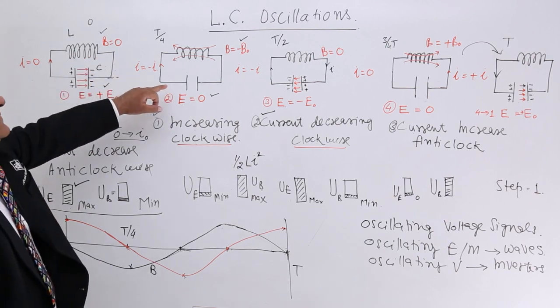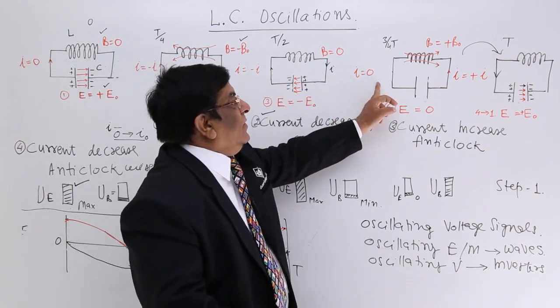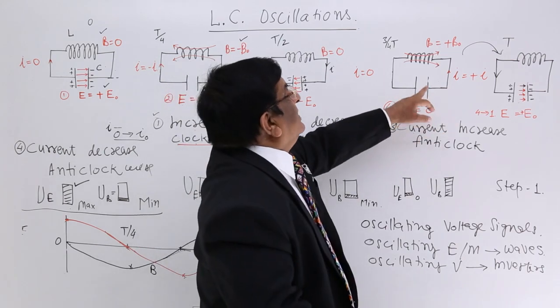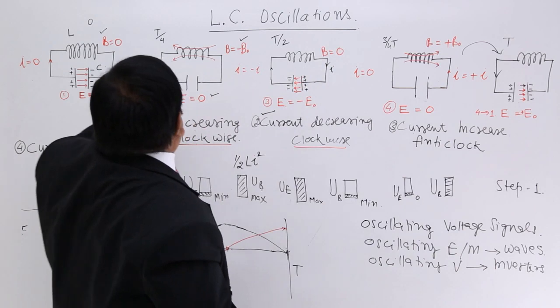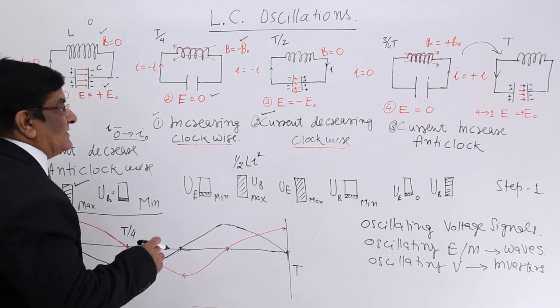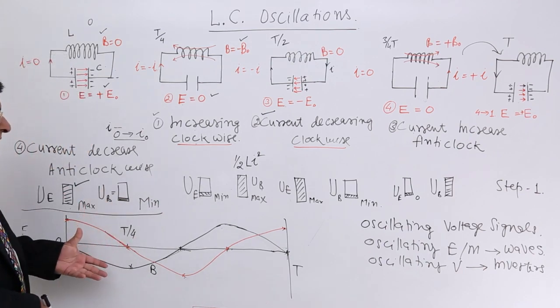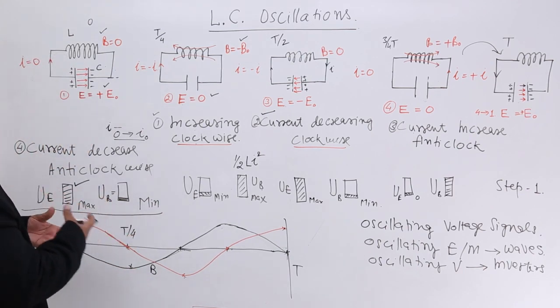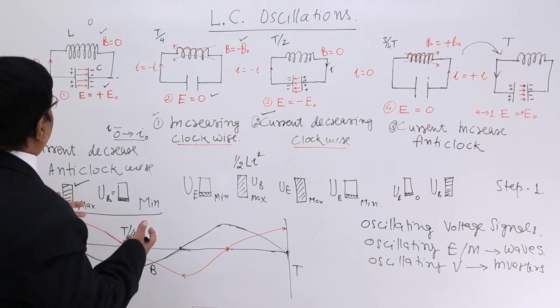Again clockwise increase, maximum, decrease, 0, anti-clockwise increase, become maximum, decrease, become 0. So there is an oscillation of current. So this oscillation of current also, if we want, we can draw out here, and here it will be oscillations.